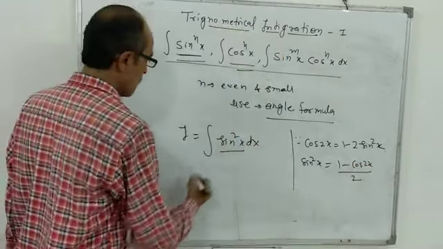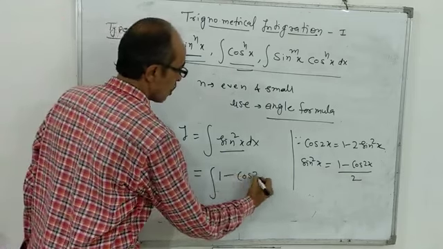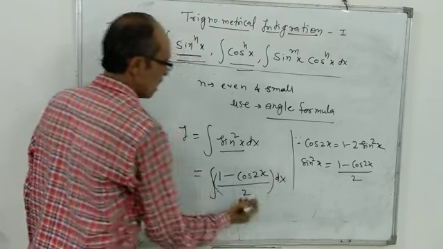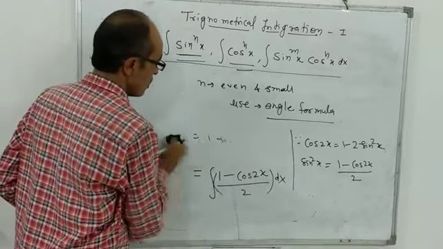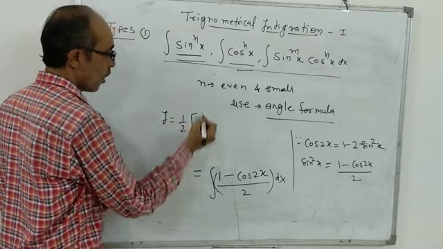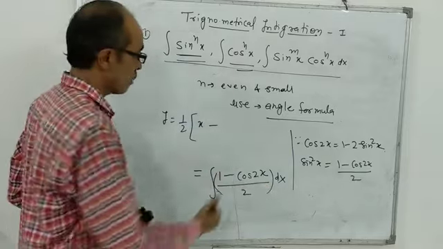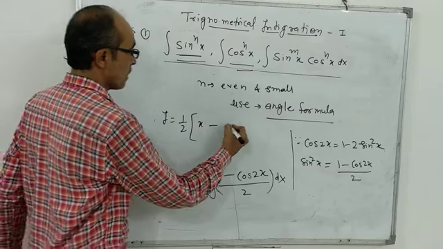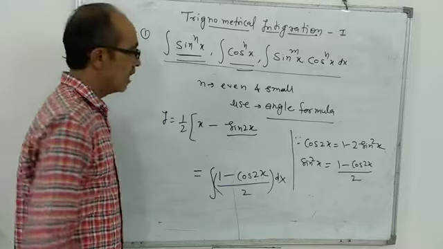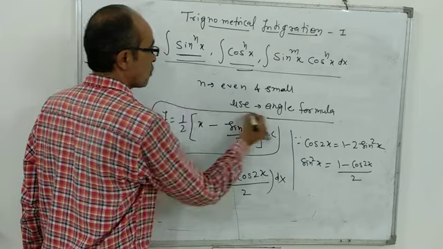Put these values here and directly we solve 1 minus cos 2x divided by 2 dx, and both terms can be integrated. So the integral I is x, and the integral of cos 2x, because the derivative of sin 2x is cos 2x, is sin 2x, and the coefficient of the variable is the divisor of the term, plus constant c. This is our final solution.